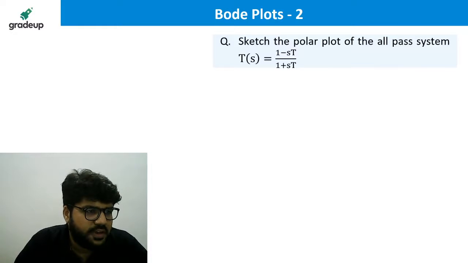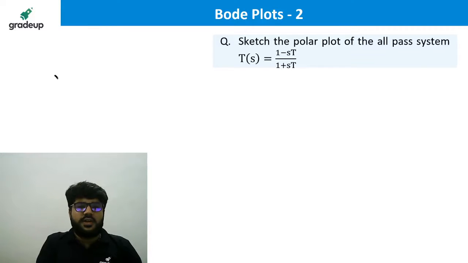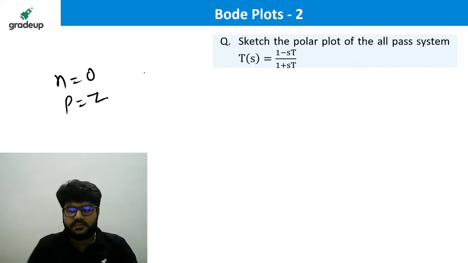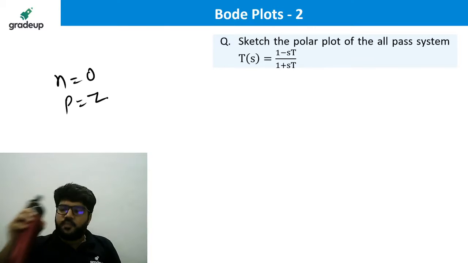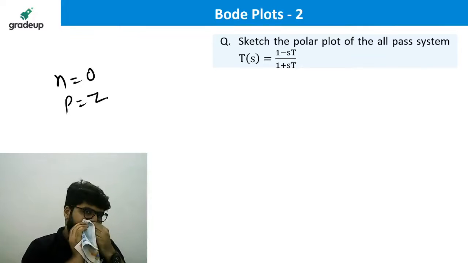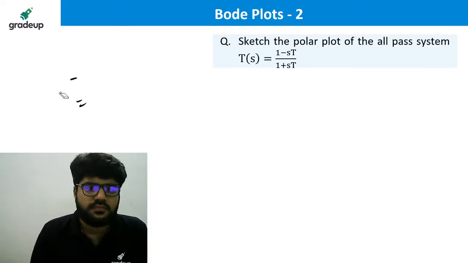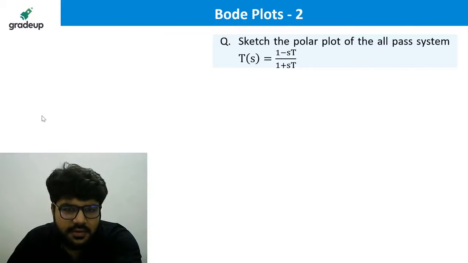See, here there is no starting and diving angle applicable, because you have to be careful when n is equal to 0 and p is equal to z. Can you try it out quickly?